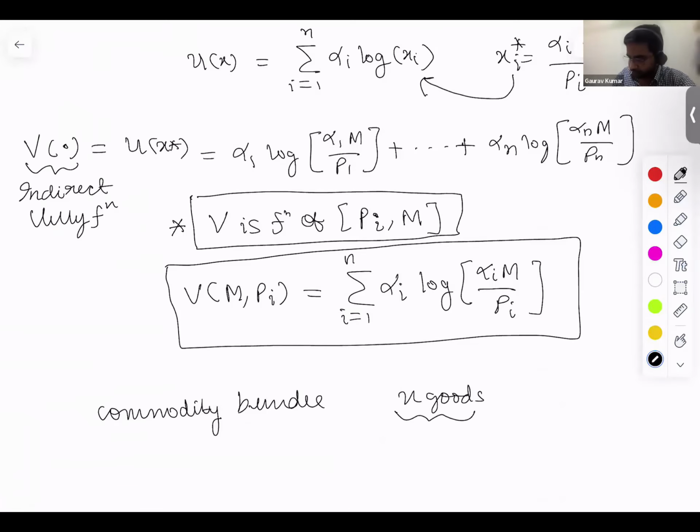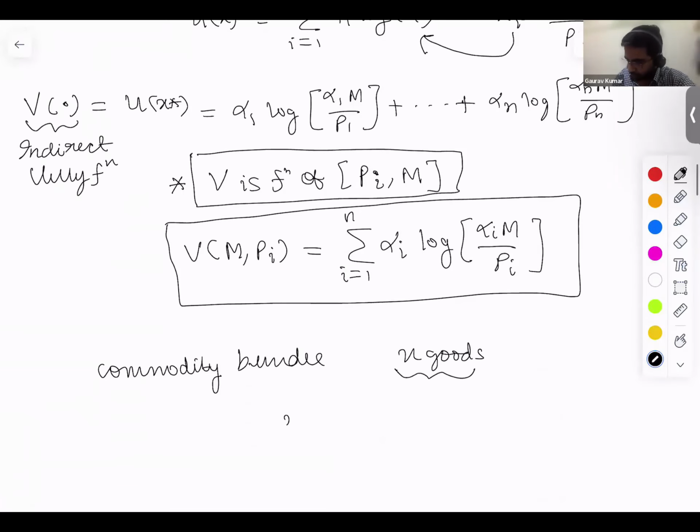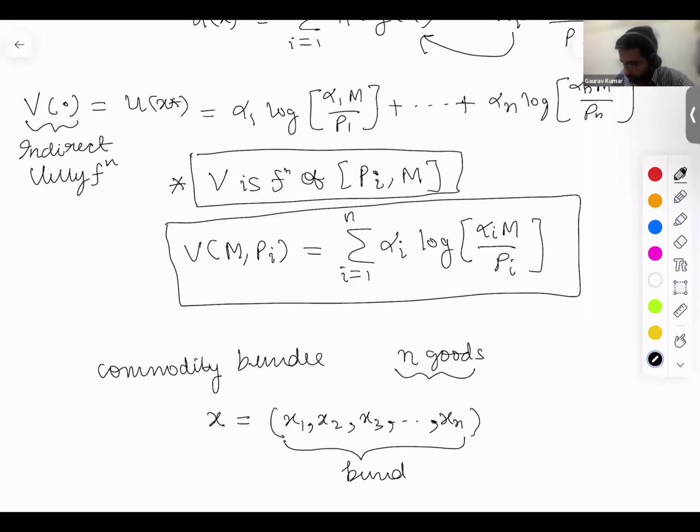These n goods are x1, x2, x3, up to xn. So this whole n-tuple vector, which I am naming as x, is a bundle, and this belongs to Rn.